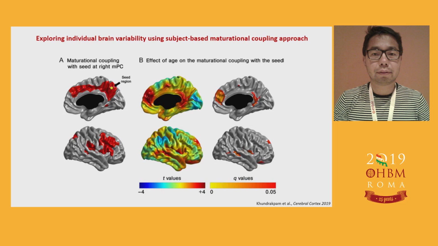So in B, we have the same maturational coupling within the default mode, because it's seated at right medial posterior cortex. But now we are looking at the effect of age, and it turns out the medial PFC is the region with the strongest association, meaning during development, medial PFC and the seat of the default mode, medial posterior cortex, have a stronger maturational coupling, and they increase with age.